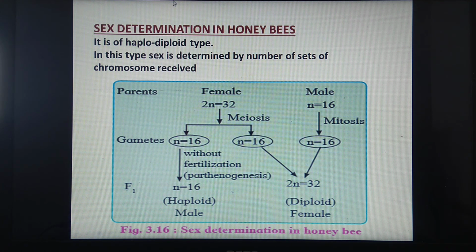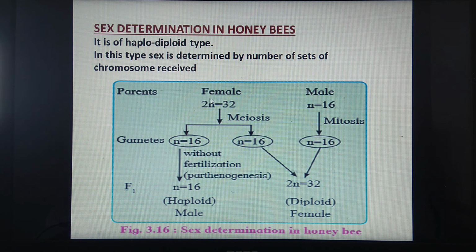Remember that here it is of haplodiploid type. In this type, sex is determined by the number of sets of chromosomes which are received. You should remember that in case of honeybees, 3 kinds of individuals are found.